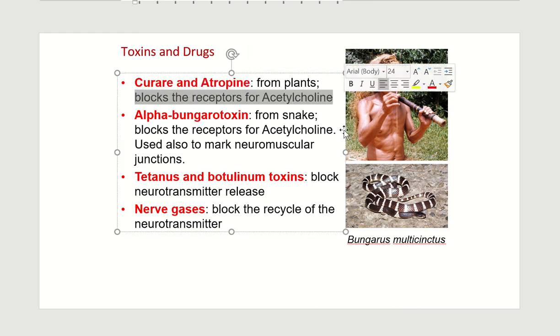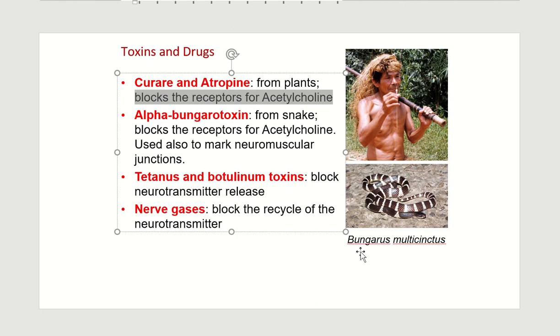They block the receptors for acetylcholine. So if acetylcholine is released and something else is already attached to that receptor, then the acetylcholine can't bind to the receptor and open the channel. And so then the person is paralyzed because literally the acetylcholine can't be released to start the muscle contraction.